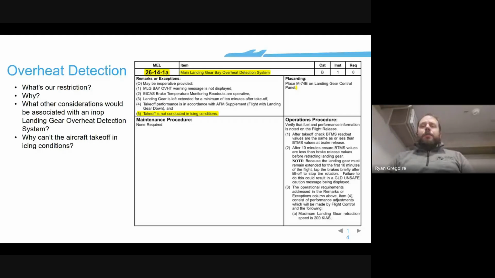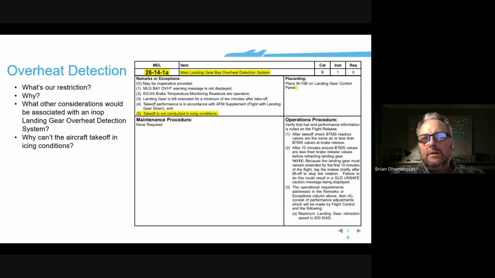Now, what other consideration would we probably need to take into account if we had to leave the landing gear extended for 10 minutes? Ryan. Looking at the operations procedure at the bottom there, it says that you can't be going more than 200 knots to retract them.